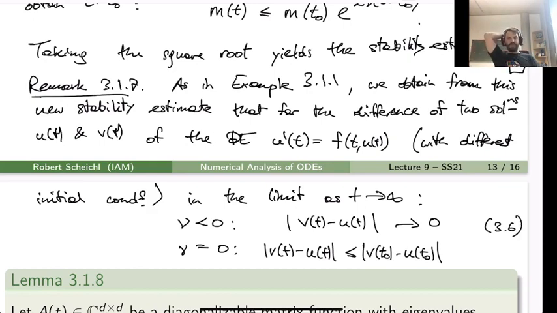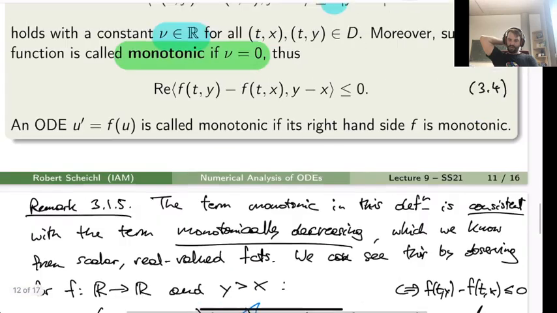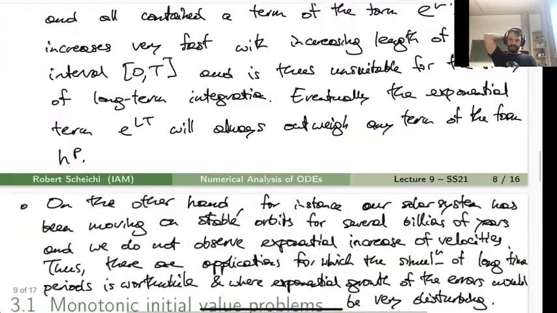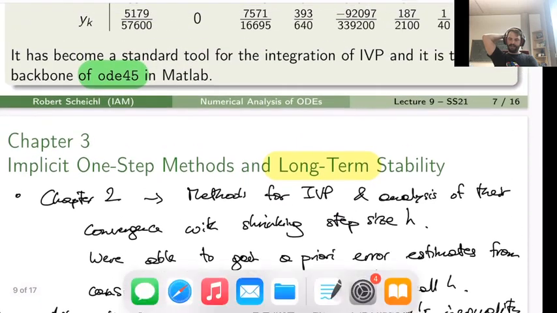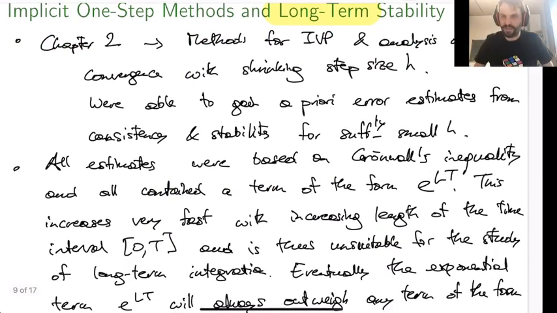So this is still only talking about continuous problems. So far we've just looked at stability again. So let me just recall what I've just said. I told you that in the previous chapter we based all our results on a global Lipschitz condition, and we ended up with this extra factor e to the LT in all our bounds.